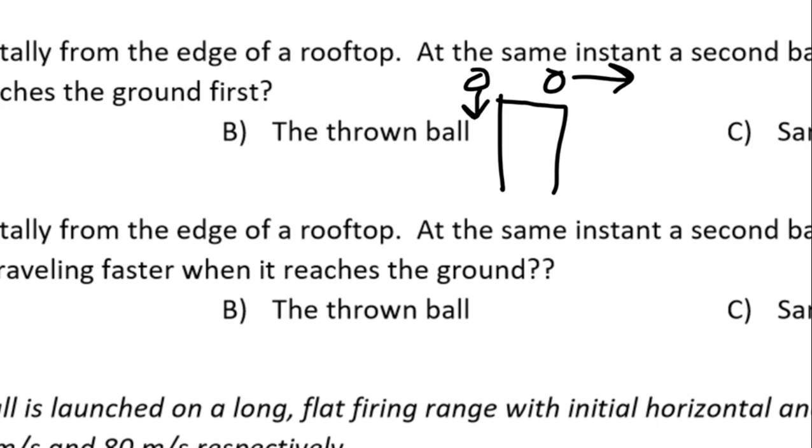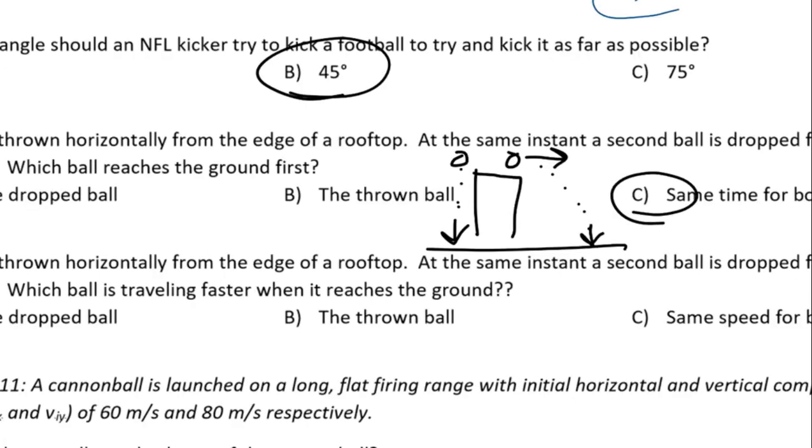It's really just dropped with no velocity. So this one begins to increase in speed as it goes toward the ground. This one is going off to the right as it begins to increase in speed and go toward the ground. So they're going to hit the ground at the same time. So C.